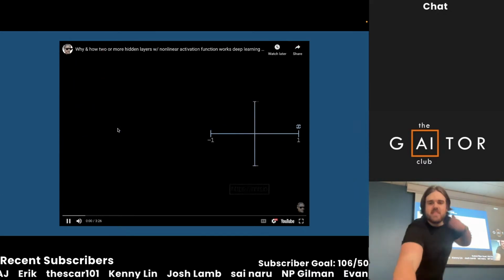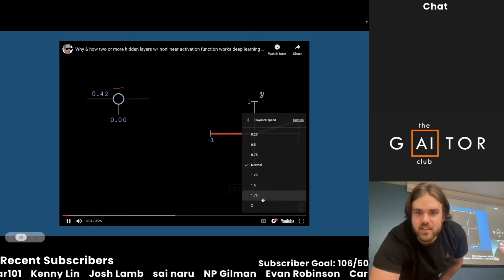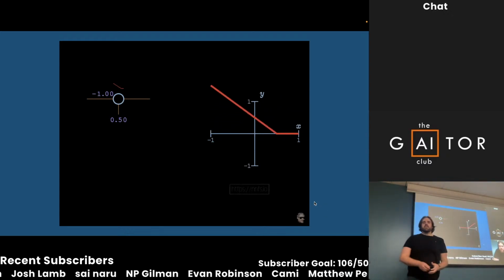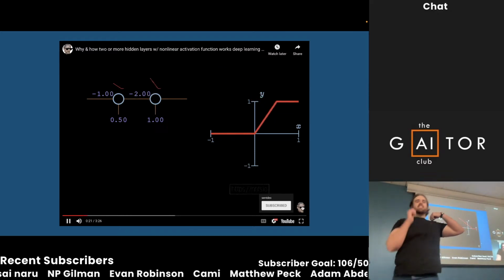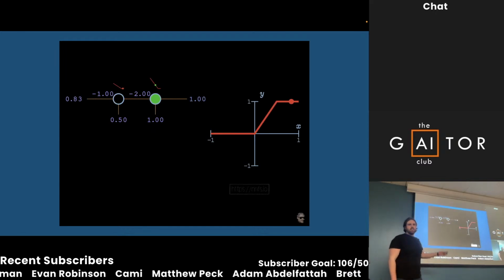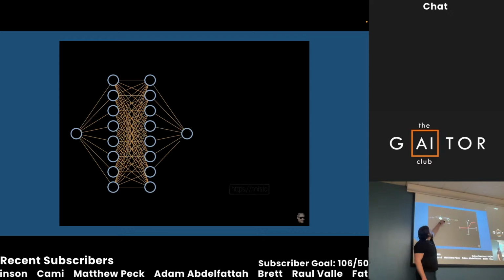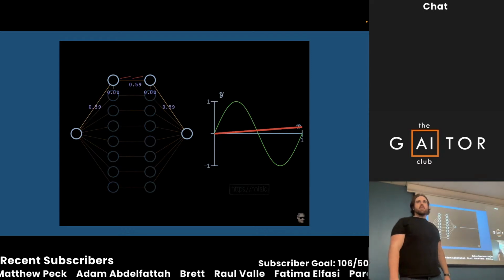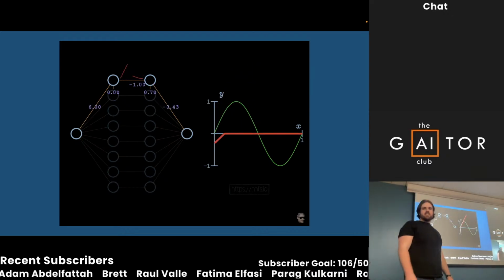So let's play this. I'm going to speed this up to 2x. If you guys don't know this guy named CentDex, he's the GOAT. He visualizes these sort of functions. You can see this is a ReLU function, this is the bias and this is the weight of those functions. And you can see how he's going to try to fit a sine equation to a neural network.